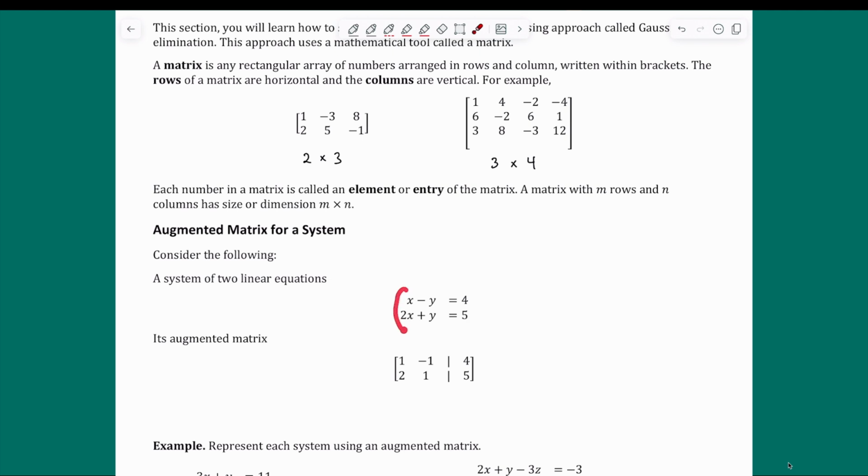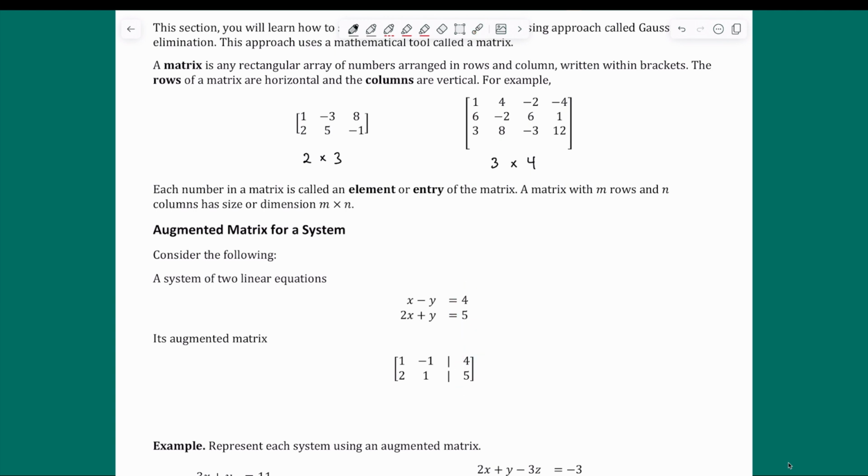If you notice, the first column has coefficients 1, 2. That corresponds to the coefficients of x in the system, which are 1, 2. The second column corresponds to the coefficients of negative 1 and 1. And the constant terms, 4 and 5, correspond to the third column, 4, 5.